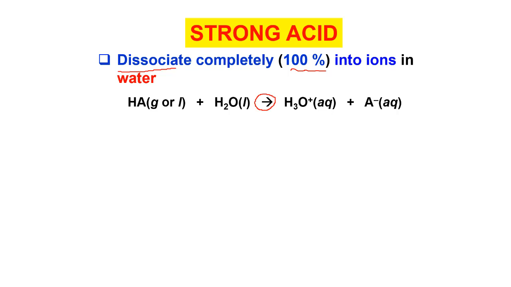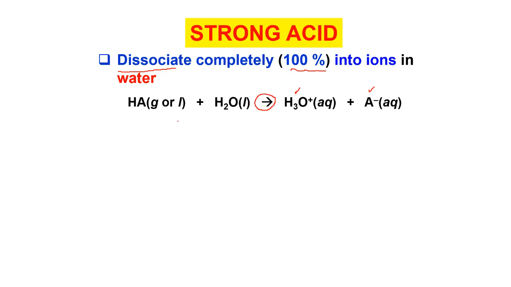So, you can see here what happens. All of the HA, this strong acid HA, has donated a proton to water. So, water forms hydronium ion, and the acid HA forms A-.